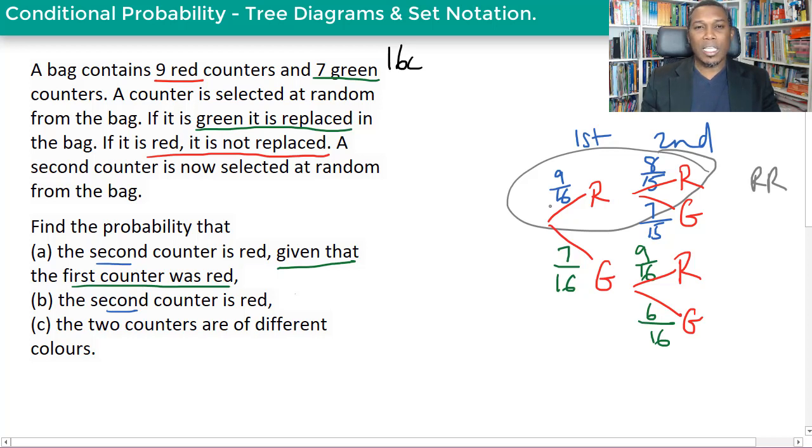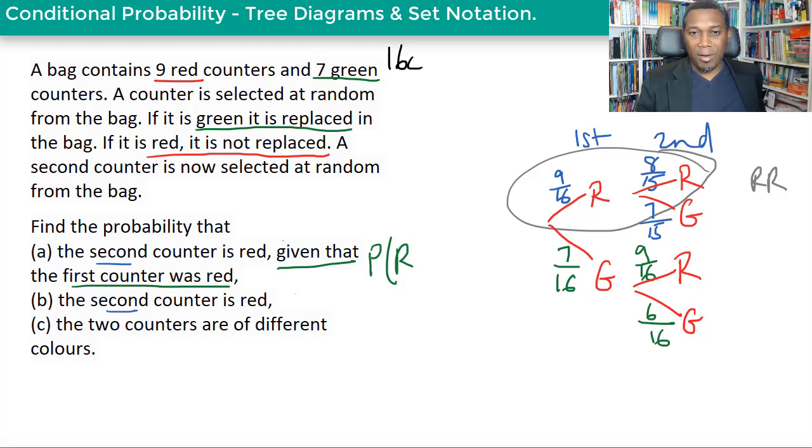There's a difference in our logic here to answer the question. They use the word given, and what should trigger from your work in set notation and probability already is that when we use the word given, we're thinking about conditional probability. So in terms of set notation, what I want is the probability of red 2, and I'll put red 2 just for clarity here. That means I'll have to change all my notation: red 1, red 2, green 1, green 2.